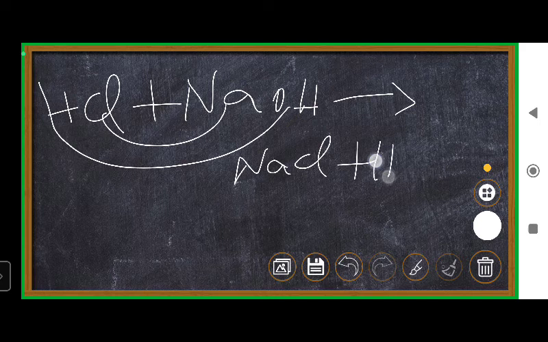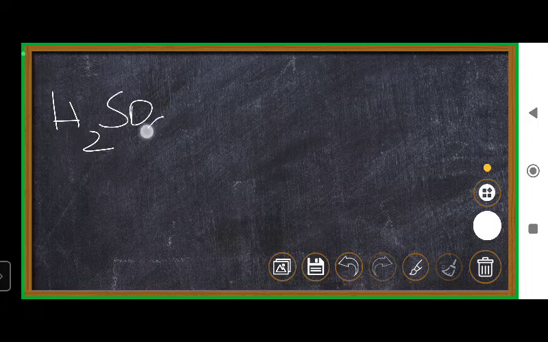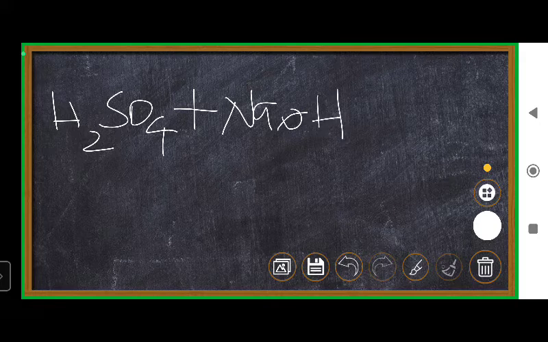NaCl and water. ஸோ இங்கே என்ன ஃபார்ம் ஆயிருக்கு? வாட்டர். இப்போது நான் அடுத்து வந்து சல்ஃபியூரிக் ஆசிட் அண்ட் சோடியம் ஹைட்ராக்சைடு. ஓகே, அப்போ எனக்கு என்ன வரும்?